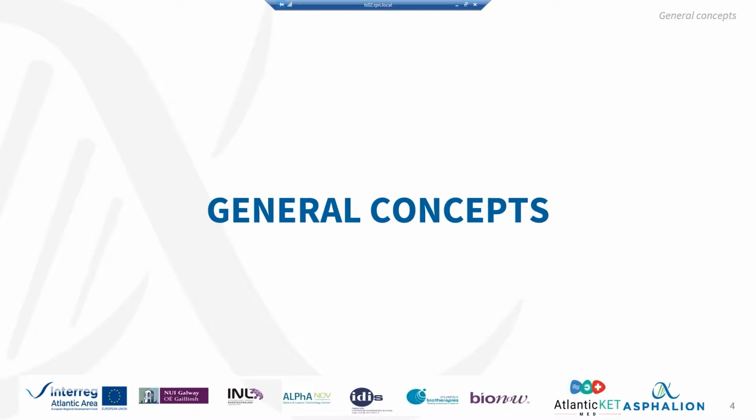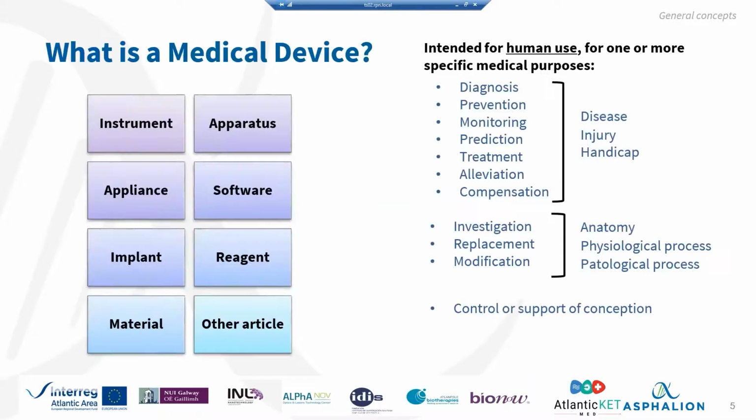So about the general concepts, what we should first define is what is a medical device. A medical device is any instrument, apparatus, appliance, software, implant, reagent, material, or other article which is intended for human use. This is very important. It's got to be intended for human use. Animal use is excluded.